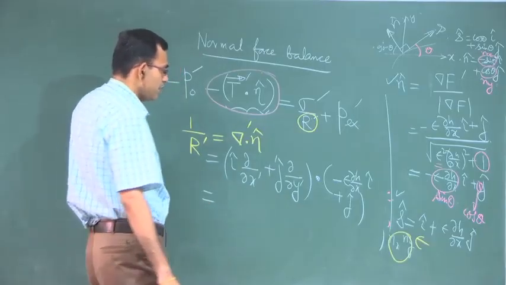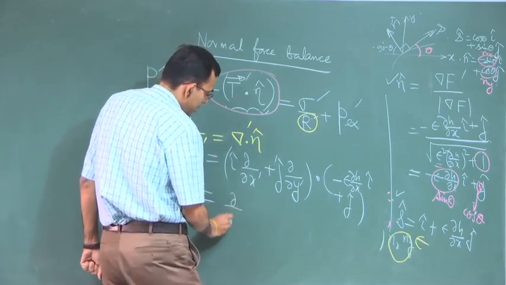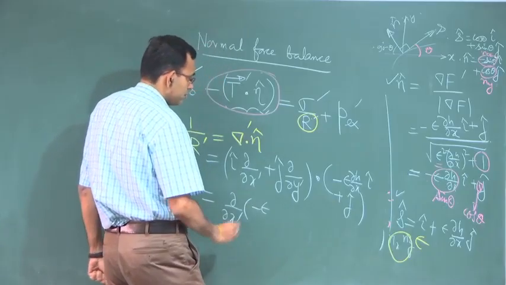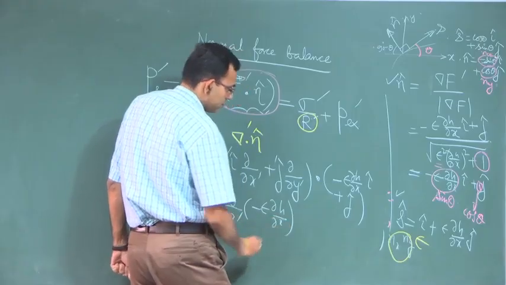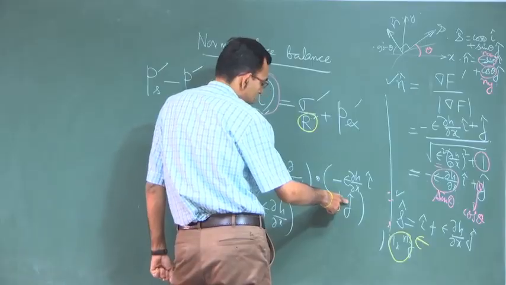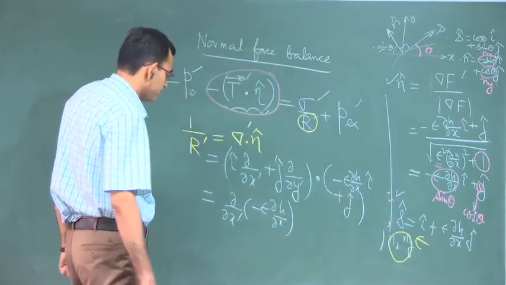So, this will be my del x prime of minus epsilon del h del x, and because this is a constant, it does not have a derivative with respect to y.